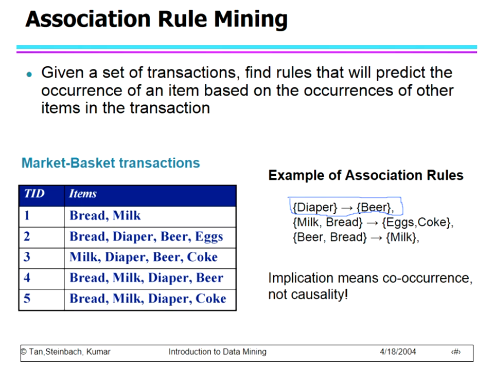Not divided by number of items, but divided by number of transactions. Yes. So the support of an item set equals the number of transactions that contain this item set divided by the total number of transactions. Very good.